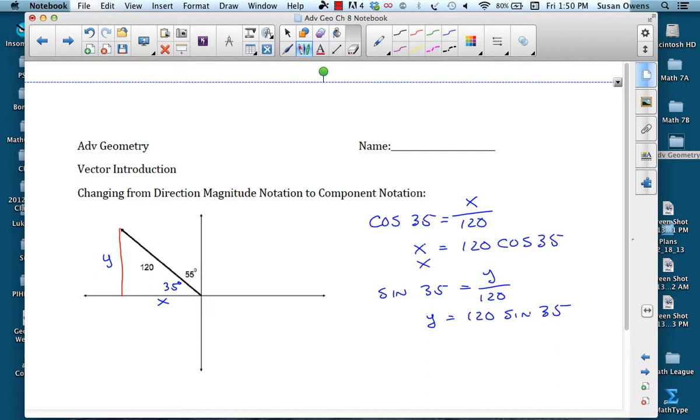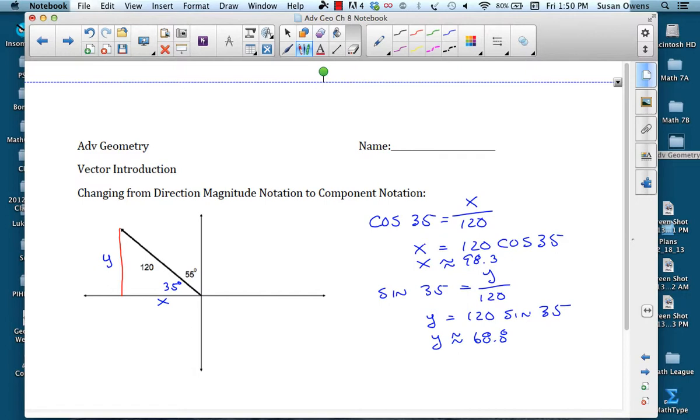Okay, someone give me what's x about? Go ahead, Devin. 98. 98 point what? 3. Okay, and how about y? What's y about? Go ahead, Christine. 68.8. So my answer would be now. I'm going to stop for a second. Something's wrong with my answers. Take a look at my vector.